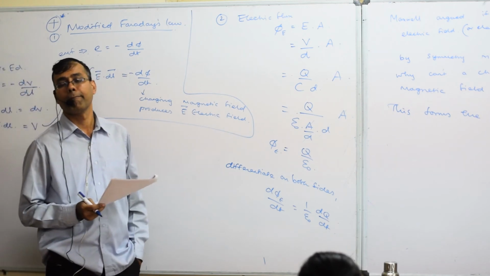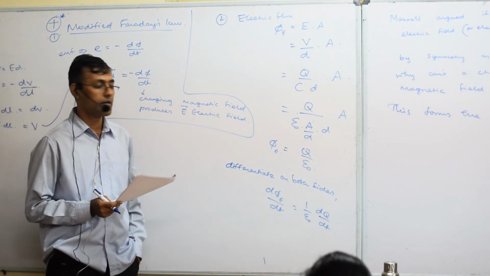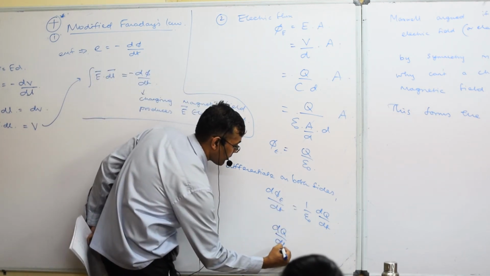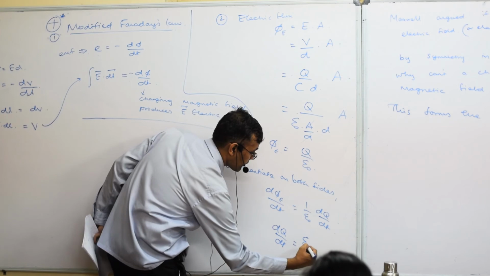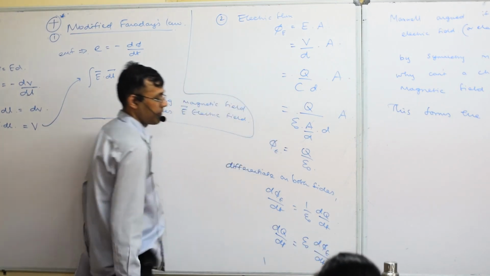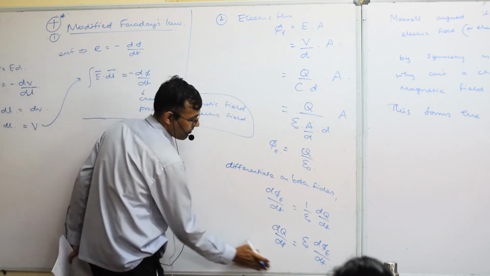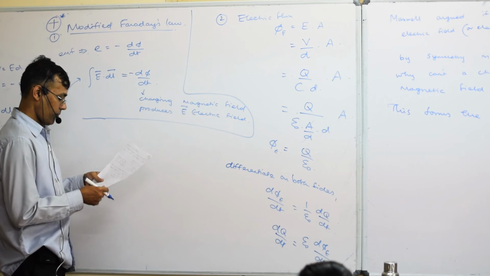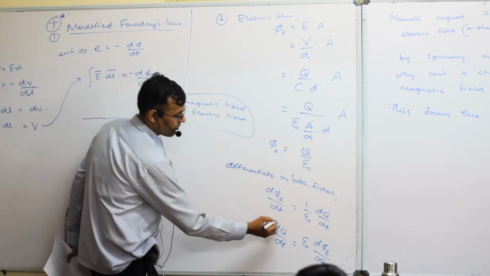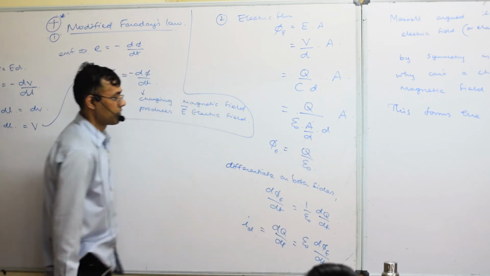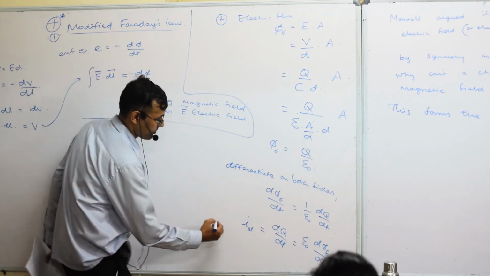Charge by time. Current, right? So that means dq by dt is equal to epsilon naught d phi E by dt. Maxwell gave a new name for this because this is a current term called I_D. So it's called displacement current.